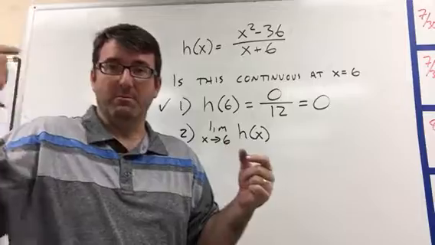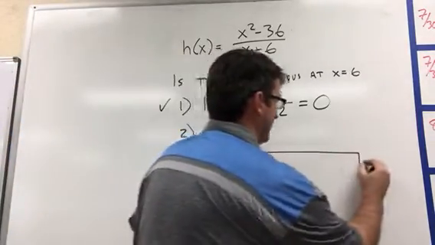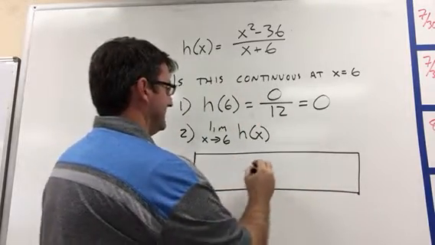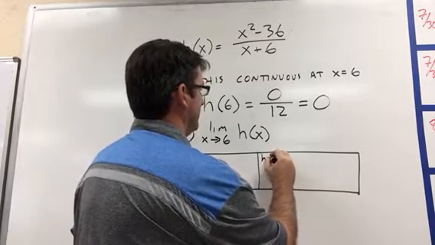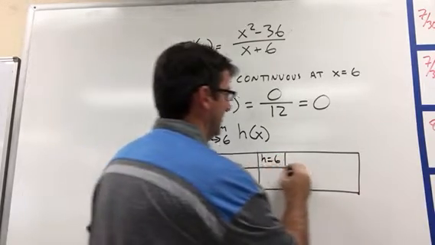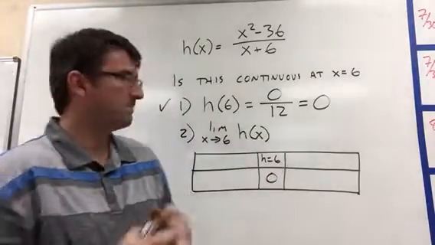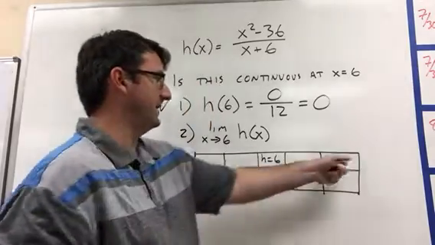And is it the same number coming from both sides? So let's check that. Let's plug in some values here. Let's start in the middle with x equals 6. We already know, because we plugged that in, that that equals 0. And then we'll test a couple more values on either side.